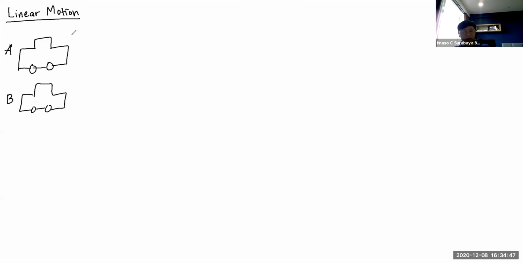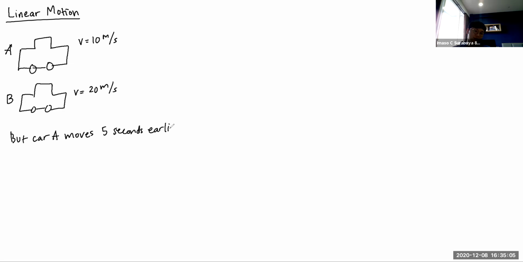So car A moves at the velocity of 10 meters per second. Car B moves at the velocity of 20 meters per second. But car A moves 5 seconds earlier than car B. Okay.